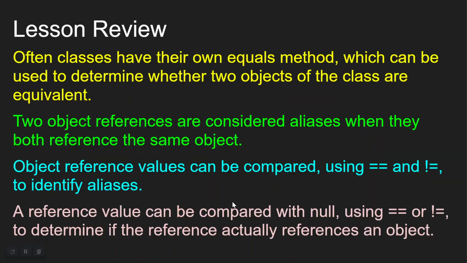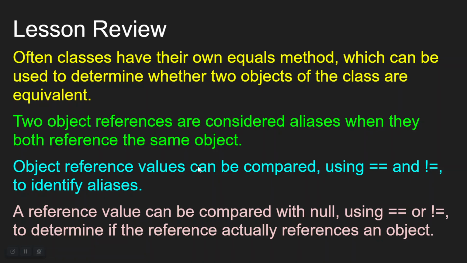All right, guys. Well, that's been a lot of information here. Let's go ahead and do our lesson review. So oftentimes classes have their own equals method, which can be used to determine whether two objects of the class are equivalent. Two object references are considered aliases when they both reference the same object and when they both point to the same memory location.